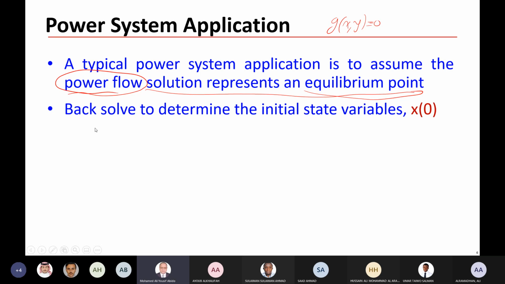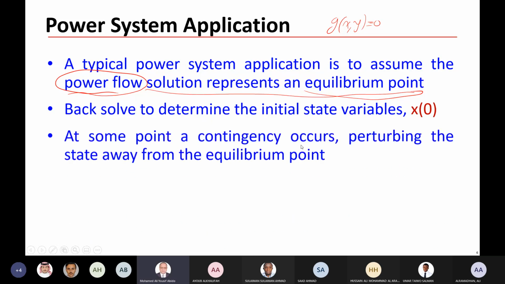So back solve to determine the initial state variables x0, and this is what we will discuss in the next part or next class when we discuss the stability of the multi-machine system.